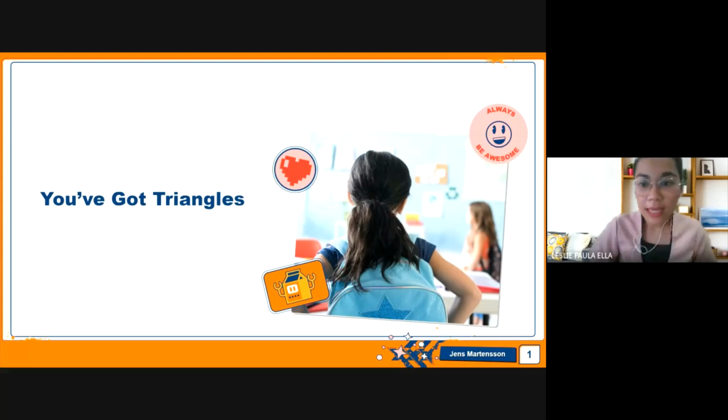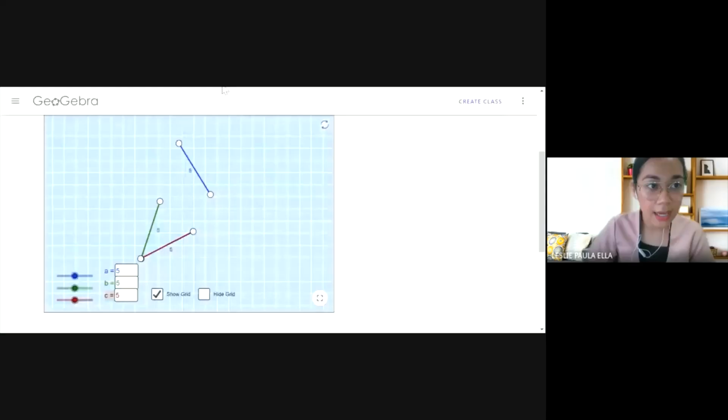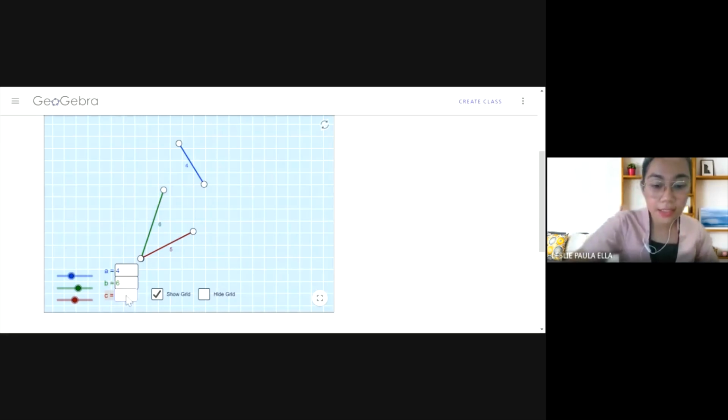I'll be sharing with you the application, and I'll give you first the set of lengths. Afterwards, you're going to give me your own example. Let's say we have here, I'll share my screen first. The sides of the triangle have lengths of 4, 6, and 7.